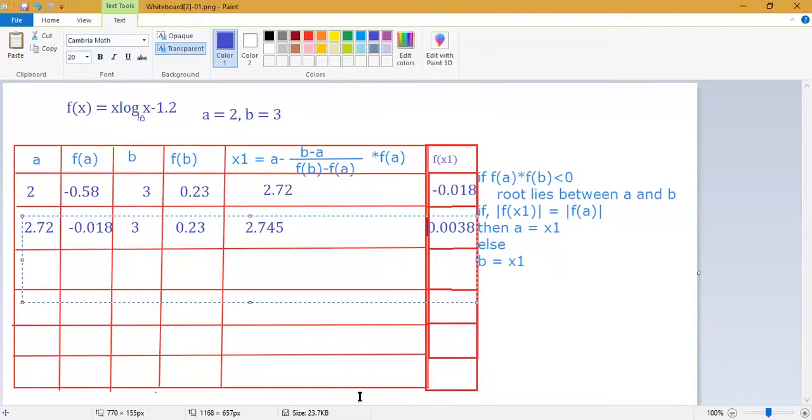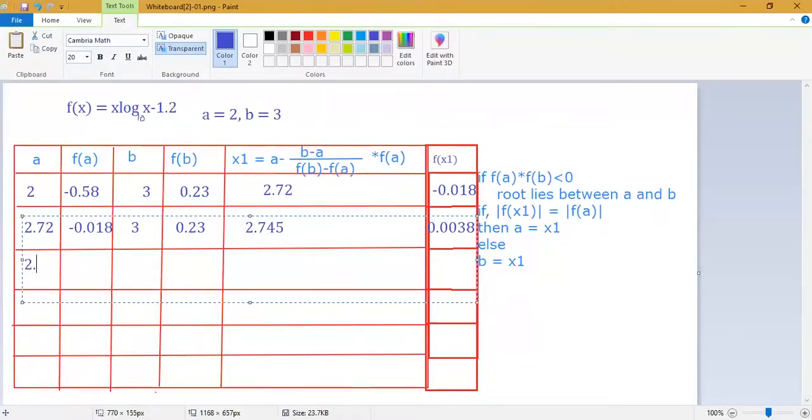So we are at the second iteration and we find that x1 is equal to 2.745 and fx1 is equal to 0.0038. If a is negative, b is positive, and x1 is positive, then x1 will replace b.